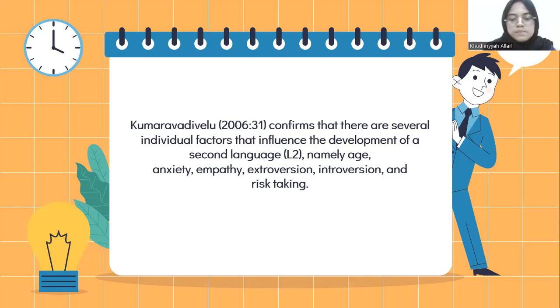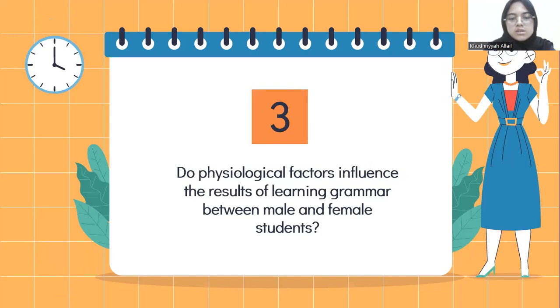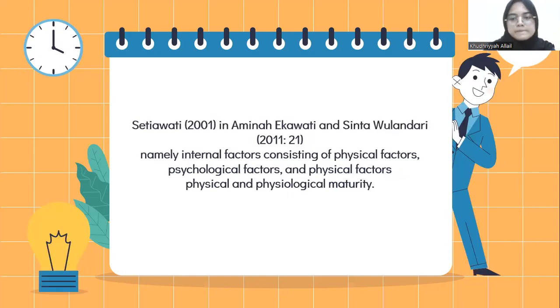Therefore, we wondered whether psychological factors influence the results of learning grammar in male and female students. Okay. The third research question is, do physiological factors influence the results of learning grammar between male and female students? Physiologically, men and women are different. It can be seen from the gender identity, body shape, and anatomy, as well as chemical composition inside the body. Differences in biological anatomy and chemical composition in the body are considered by a number of scientists to be influential on the emotional development and intellectual capacity of each.